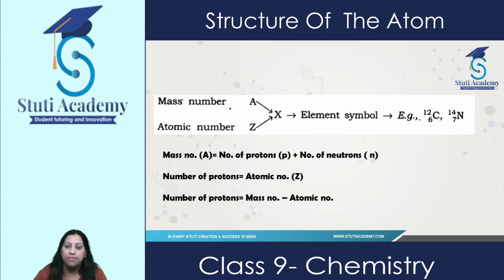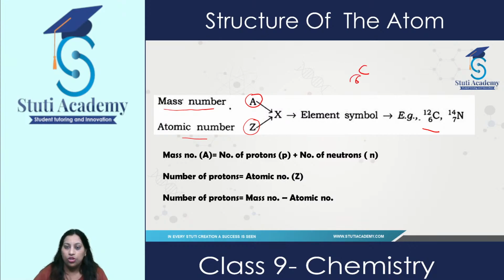So this mass number is represented by capital A, and atomic number we can represent by Z. An atomic number is equivalent to the number of electrons and number of protons. So if we are representing the mass number and atomic number of any particular element, we can write like this. Here you can see if you are writing C, 6 and 12.